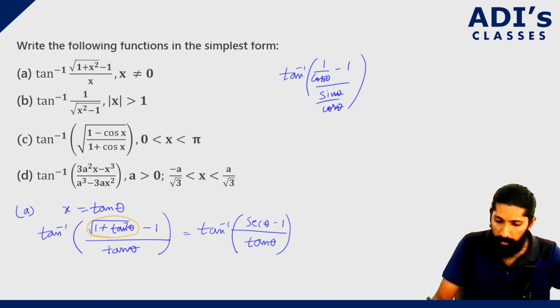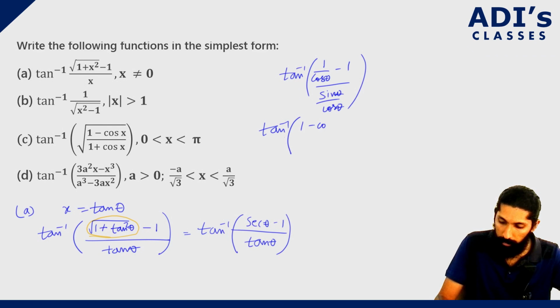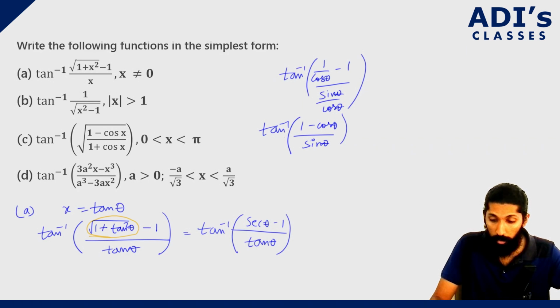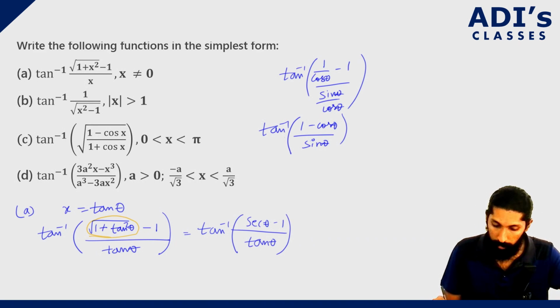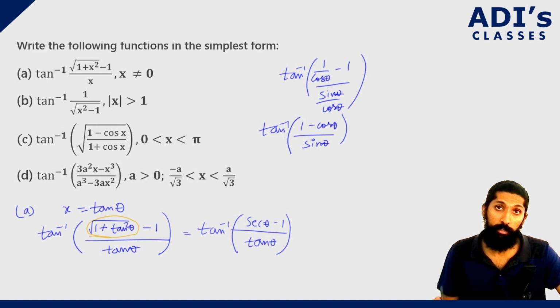Take LCM and simplify, guys. Tan inverse of 1 minus cos theta divided by sin theta, because the cos theta gets cancelled. Now comes the very important part, which is the simplification. 1 minus cos theta you have to write in terms of the half angle.